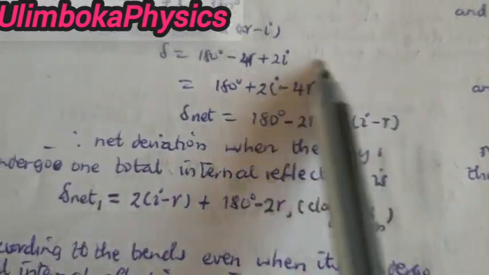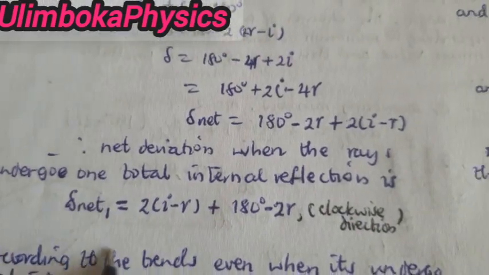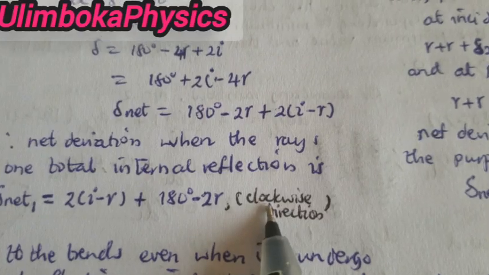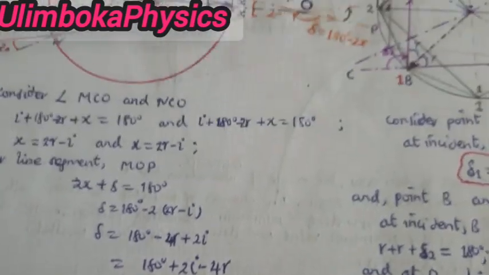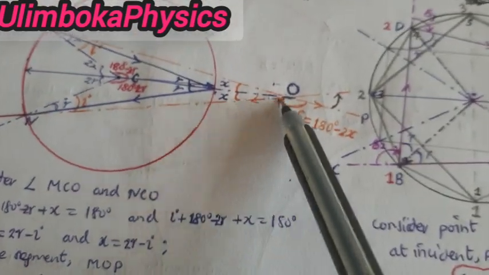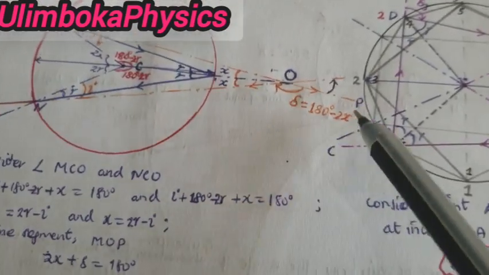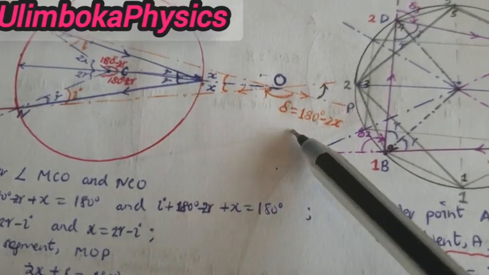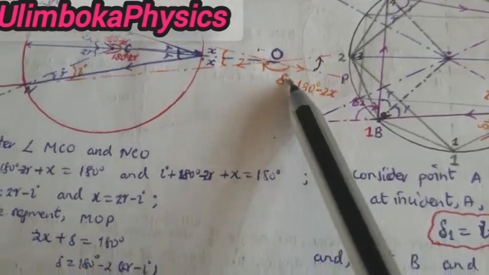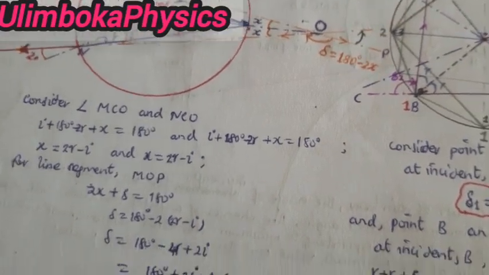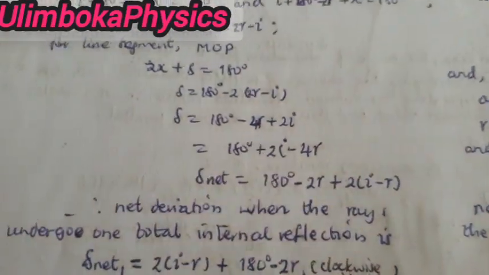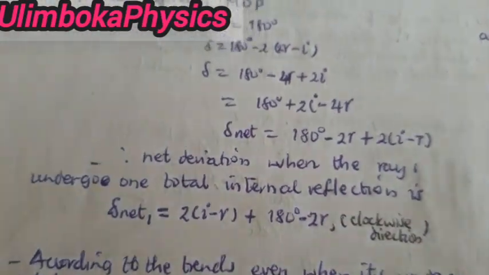This is the general net deviation for the clockwise direction. For the anti-clockwise direction, we just take 180 degrees and subtract this net deviation, and we get the deviation in the anti-clockwise direction.